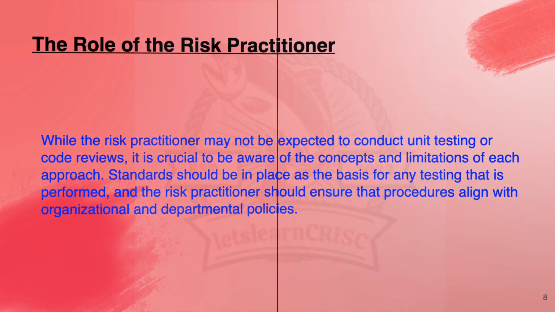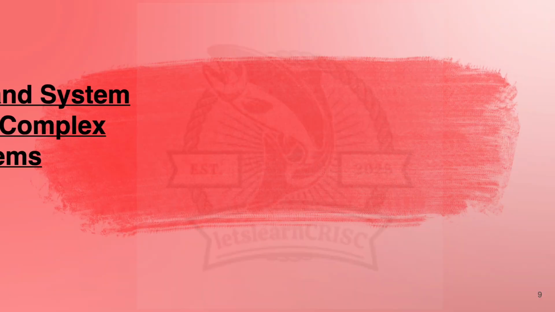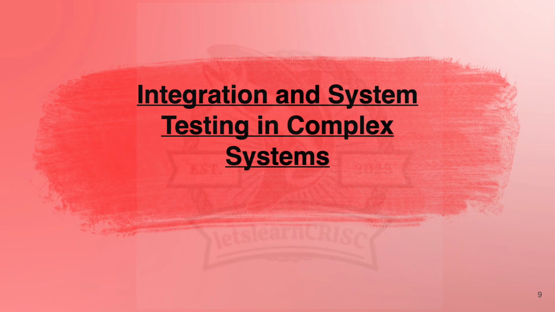Next, we'll discuss integration and system testing in complex systems. Friends, integration and system testing are crucial steps in ensuring that a complex system functions as intended. And after individual components have been tested, the next step is to assess how these components work together within the system.